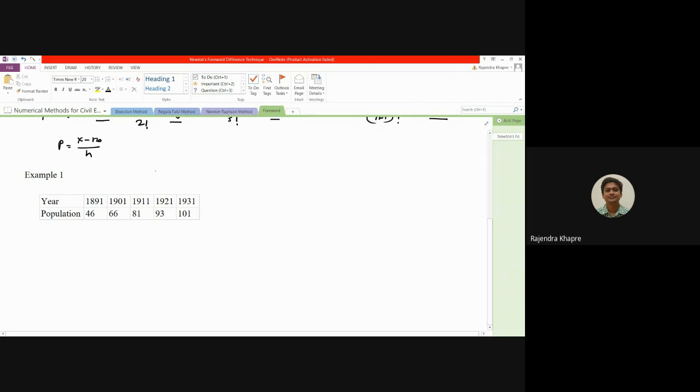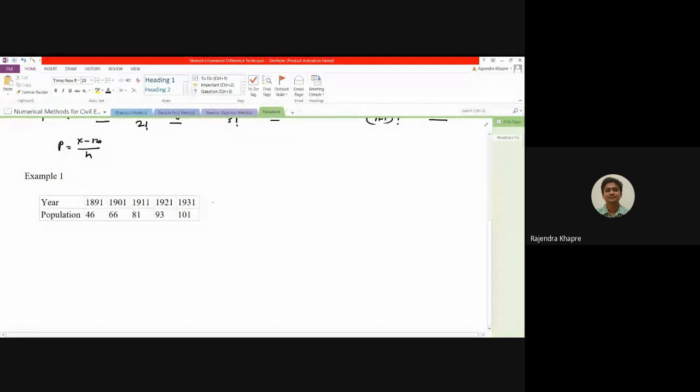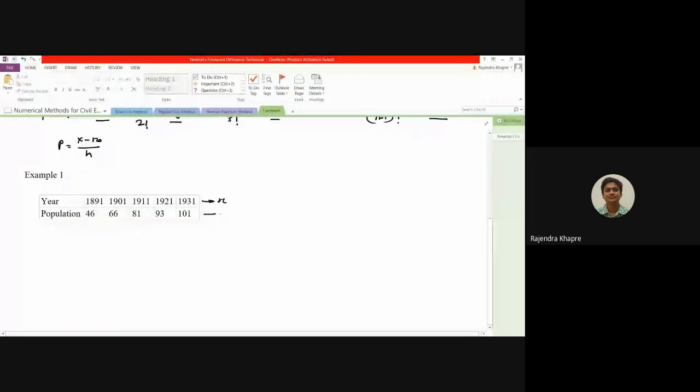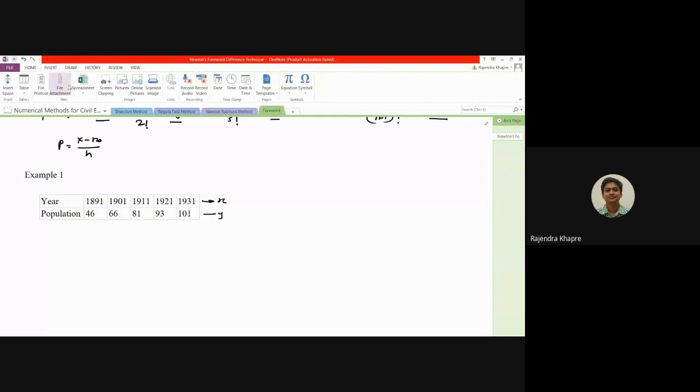Now here you can see this year can be taken as x and this can be taken as y. If you draw a curve, it will look like this one.